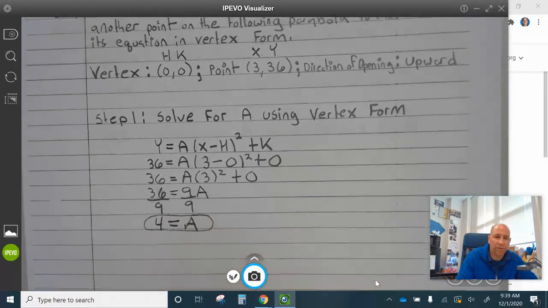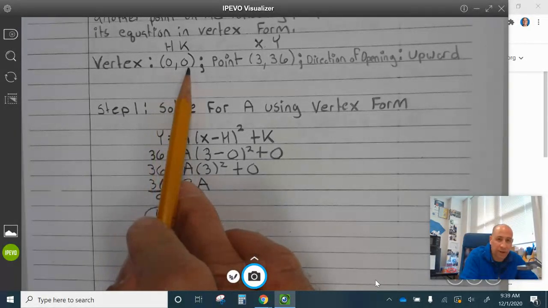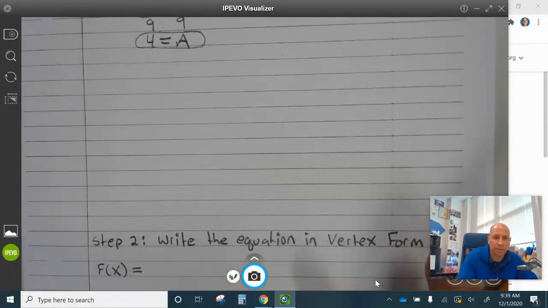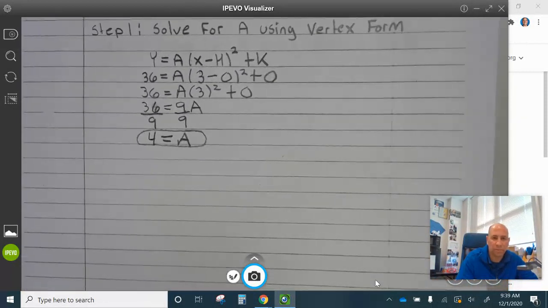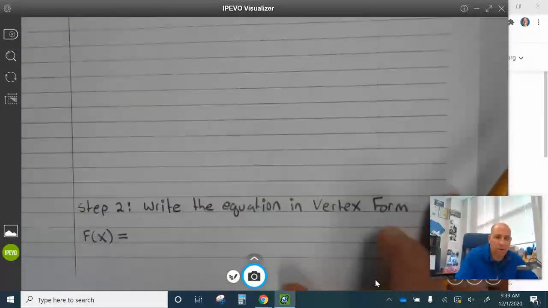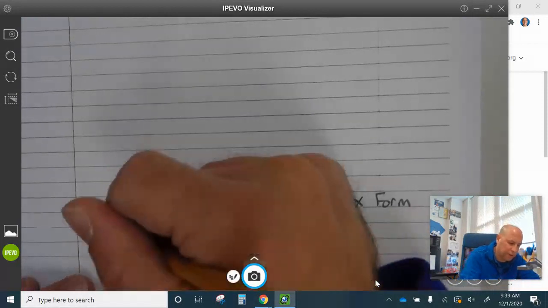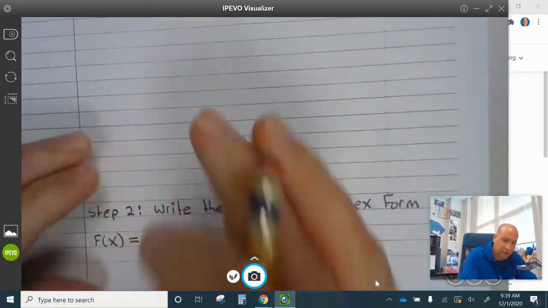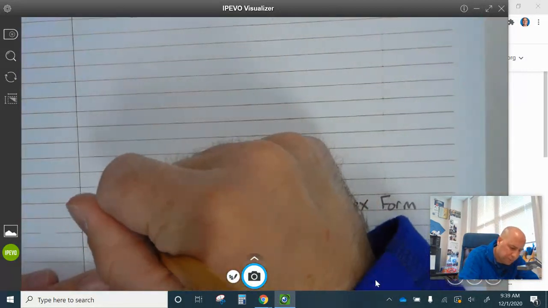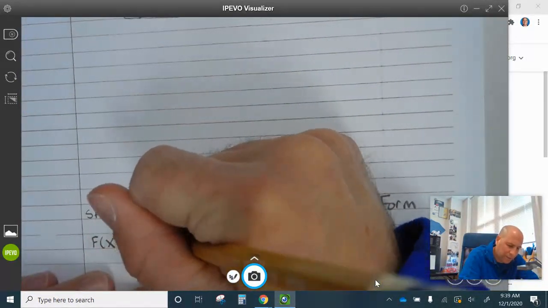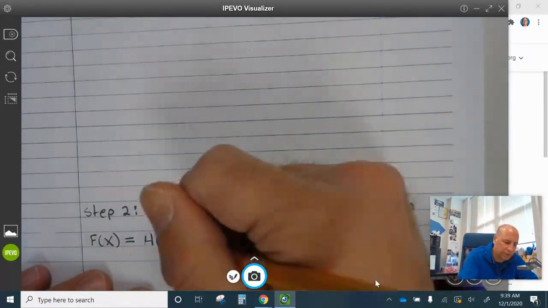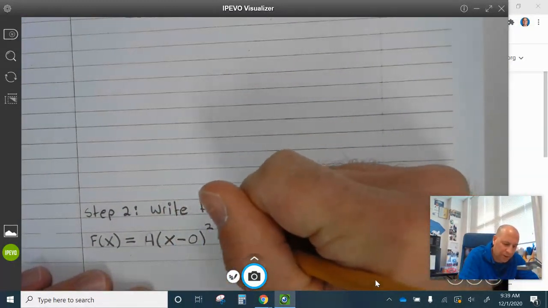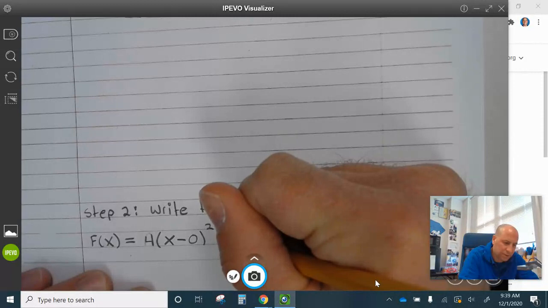Now, to write the equation, you need the a value and h and k. We have those, so now let's write the equation. All right, so the equation is f of x equals a, which is 4, parentheses x minus the h value, which is 0, squared, plus the k value, which is 0.